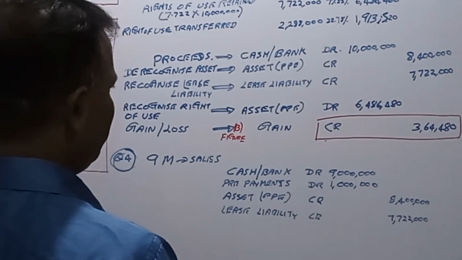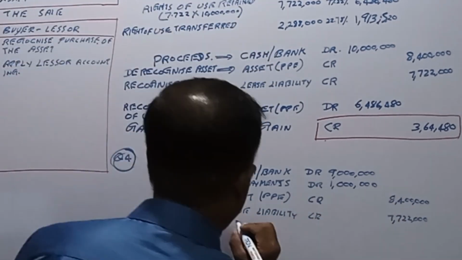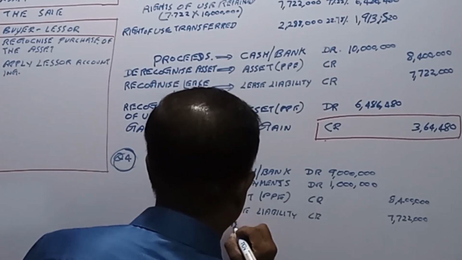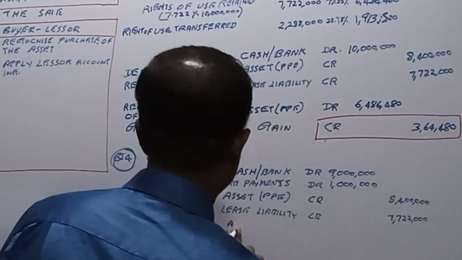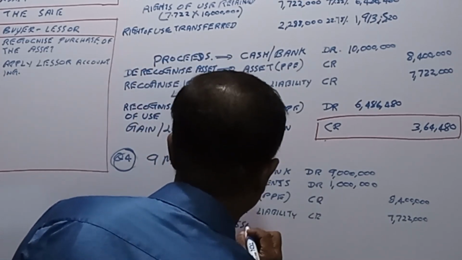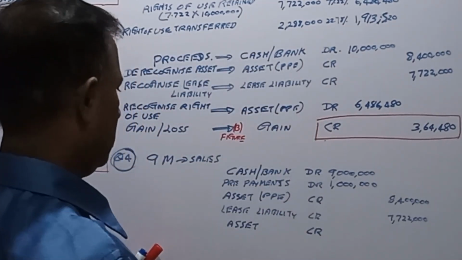So what we have done, property plant, 722, and asset account, we had to recognize the asset, sorry, debit.